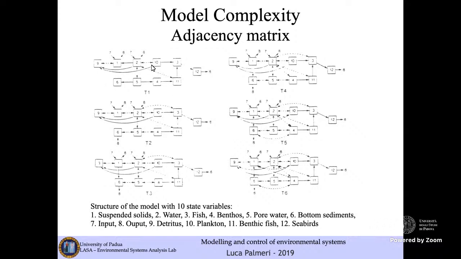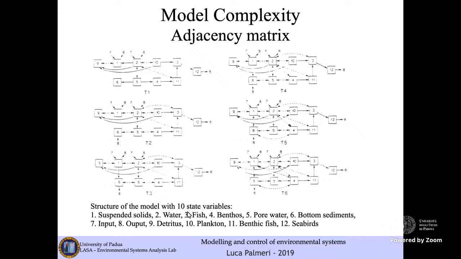We may change the configuration of our model by adding or taking away some flows. In particular, this model has 10 elements: 8 state variables plus 2 forcing functions, input and output. We have suspended solids, water, fish, benthos, pore water, bottom sediments, input and output, and also detritus, plankton, benthic fish, and seabirds.